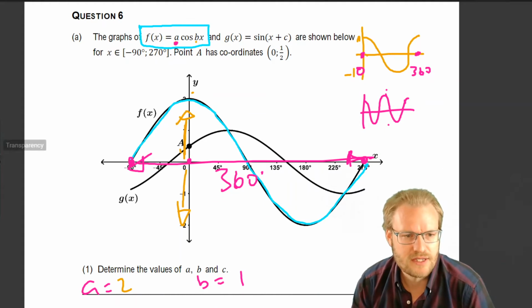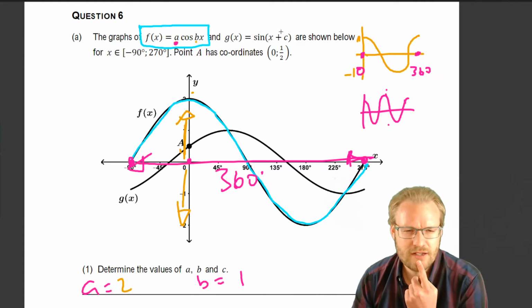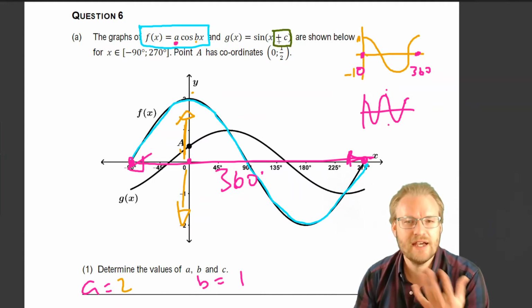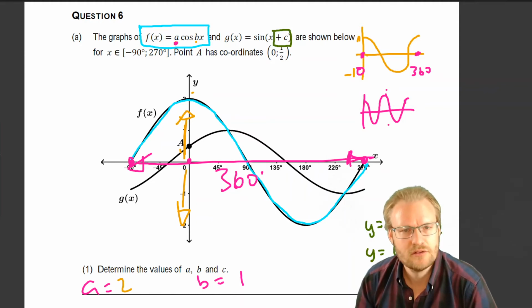And then the C, last question, is what is the effect of C? What is the effect of adding over here? If you had our parabola, because we spend so much time on the parabola, I actually reference it to go, if we had y equals x squared, or if we had y equals x plus, let's say, 3 squared.